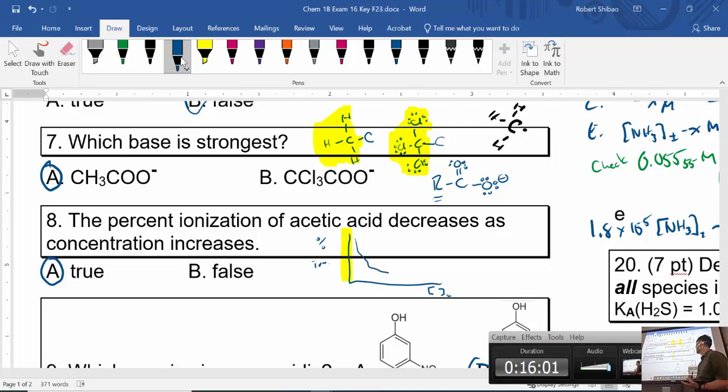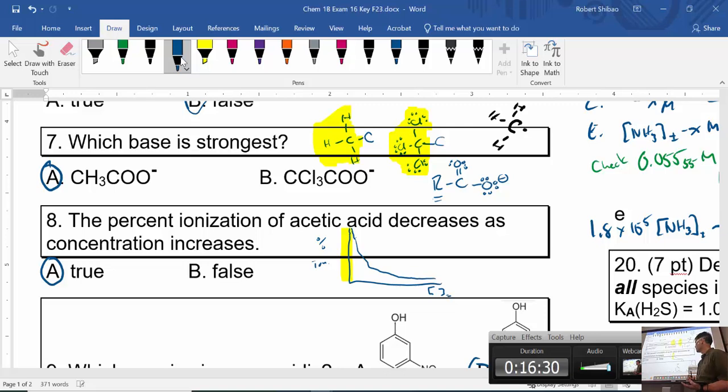It's not linear, it's a nonlinear function like this. At the limit of infinite dilution, we have infinite ionization out here. So yes, that's true: as concentration increases, we see a drop in the percent ionization.